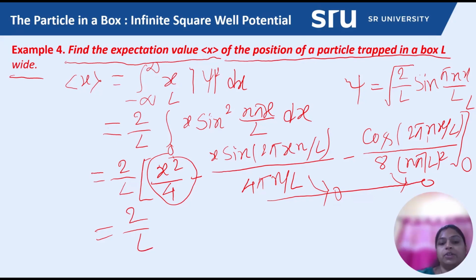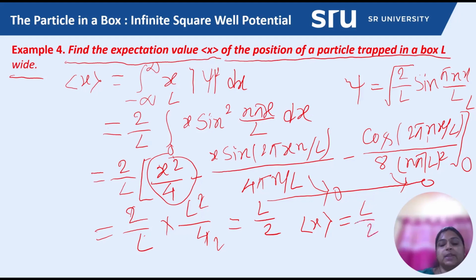For 0 it is 0, and for L it is L square by 4. So 2 by L into L square by 4 gives L by 2. So the average expectation value of x is L by 2.